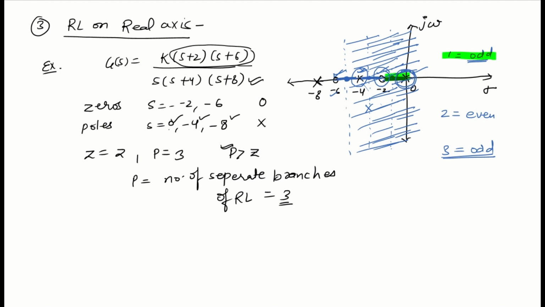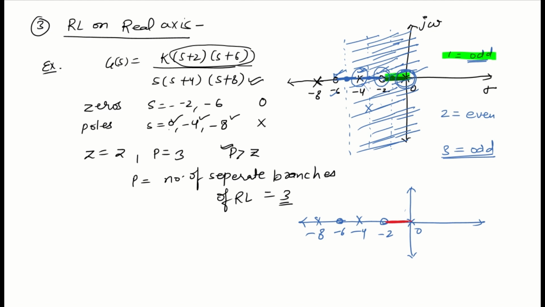Let me again draw this pole-zero plot and highlight the sections where the root locus exactly lies on the real axis. We have poles at 0, -4 and -8, and zeros at -2 and -6.